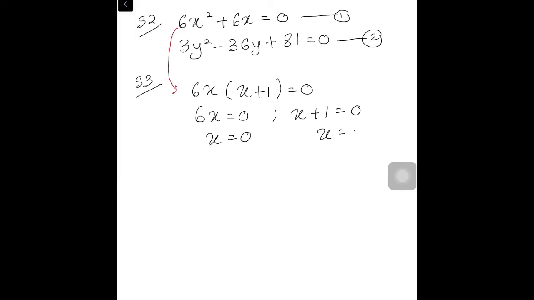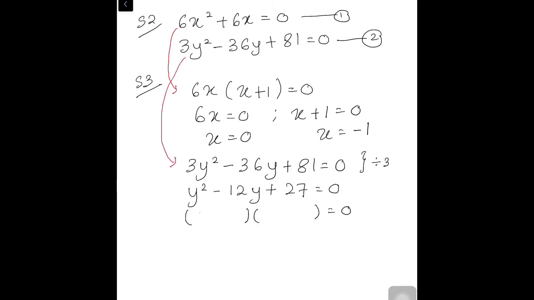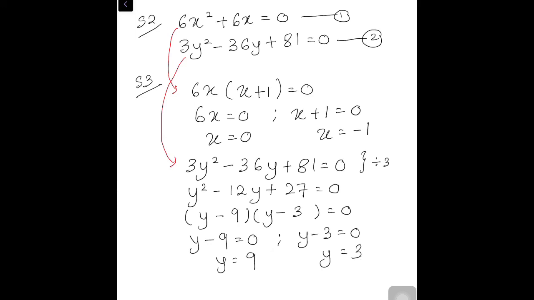And then solve for both. We have x equal to 0 and x equal to minus 1. Do the same for the second equation, factorize. You can use your calculator rather than use manual calculation like this. So finally, you will get y equal to 9 and y equal to 3.